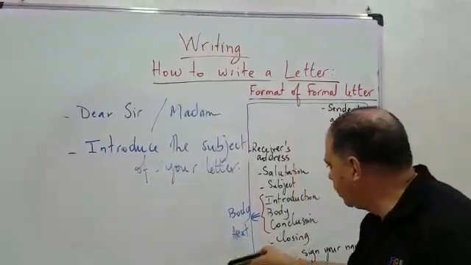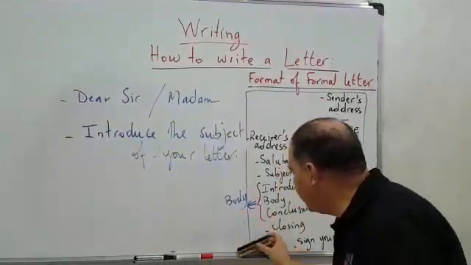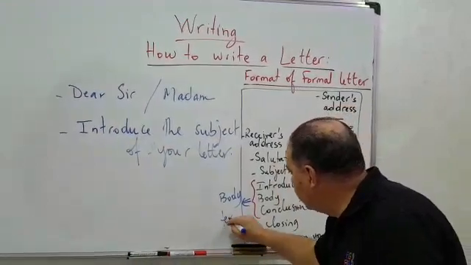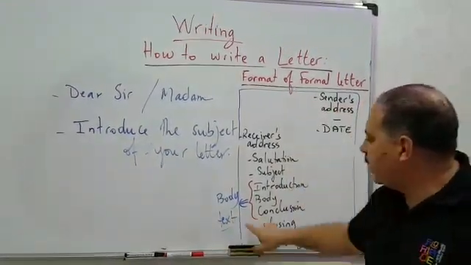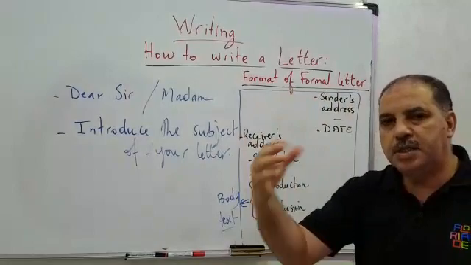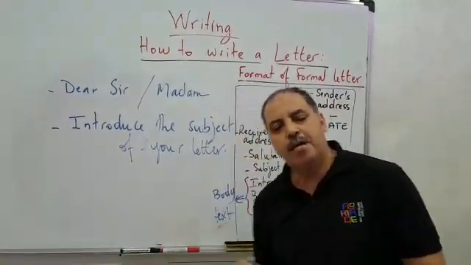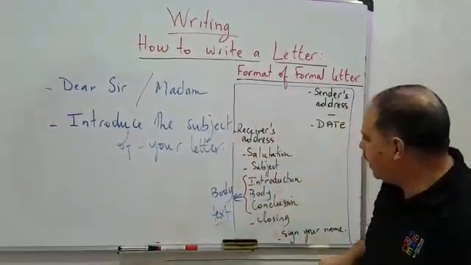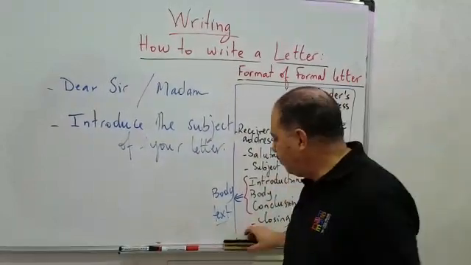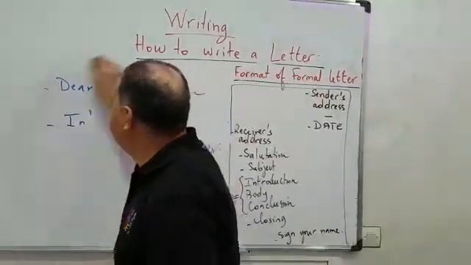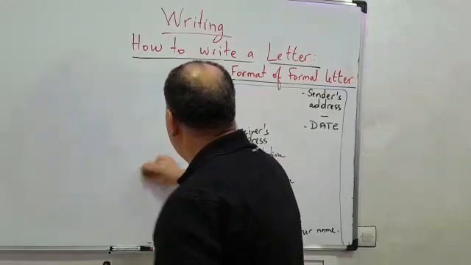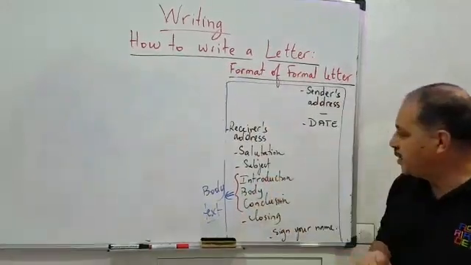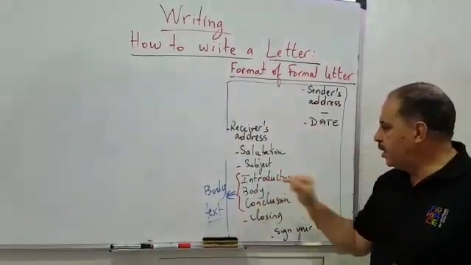Okay, it's not clear, sorry, I'm going to write it again. Body text. You may notice it's a text, which means it contains many paragraphs. So in the following step, we are going to write 3 paragraphs.